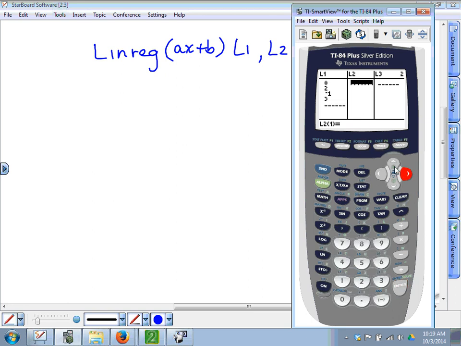And then into L2, you put the Y values. Now just double check that your X's and your Y's line up: 0, 9, 2, 21, -1, 0, and 3, 36. Are those the right points?